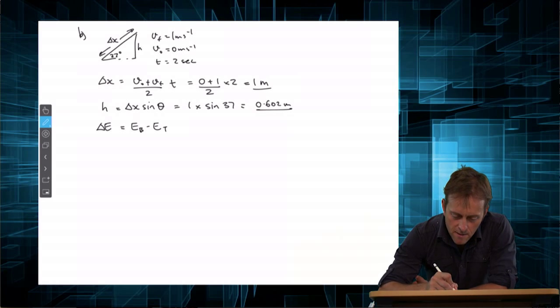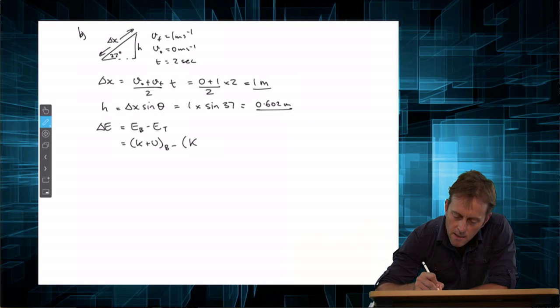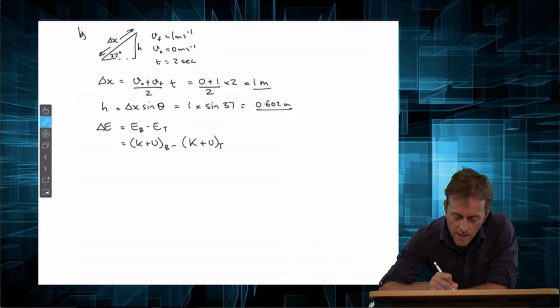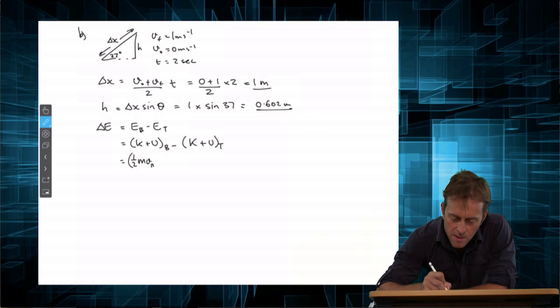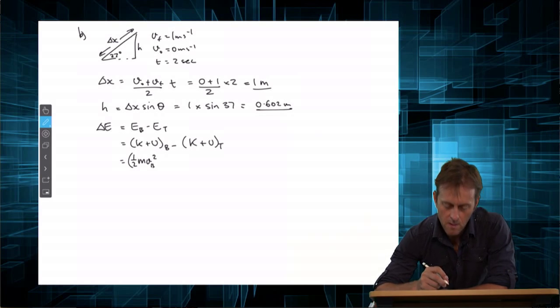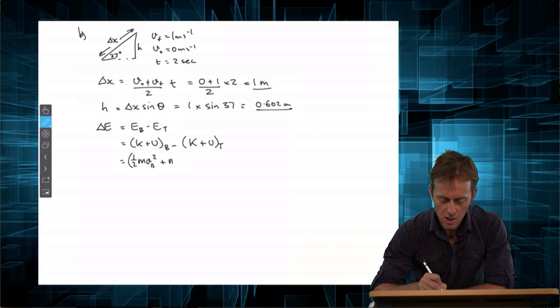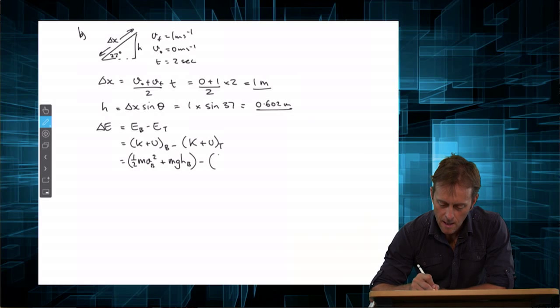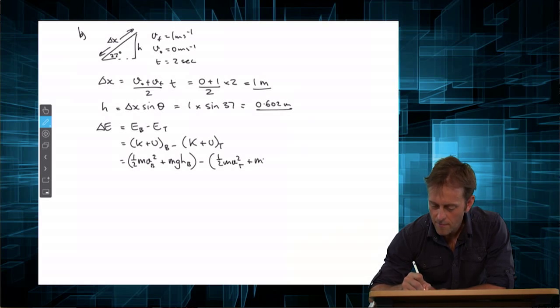So that's just the kinetic energy plus the potential energy at the bottom minus the kinetic energy plus the potential energy at the top. So that's half m v bottom squared, don't forget the squared term, plus mgh at the bottom minus half m v squared at the top plus mgh at the top.